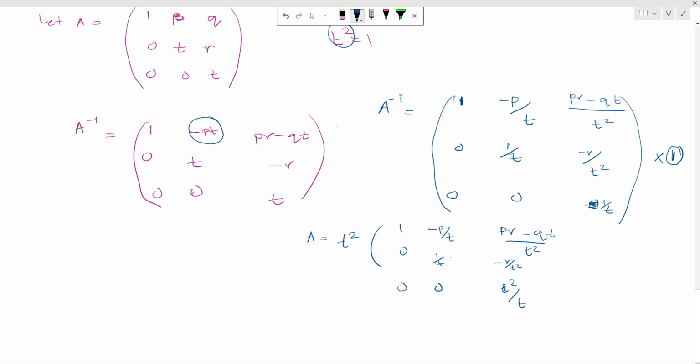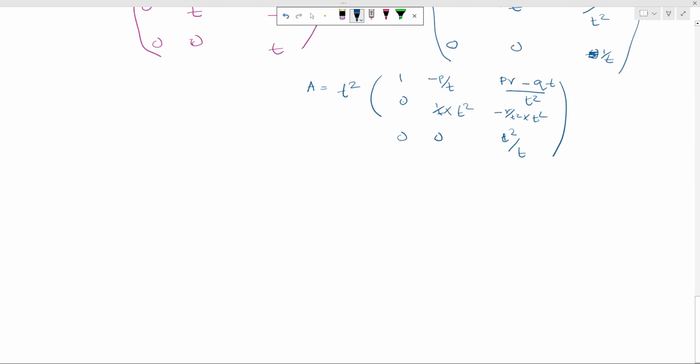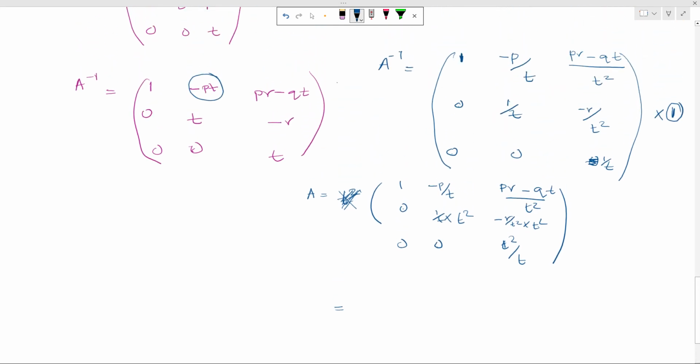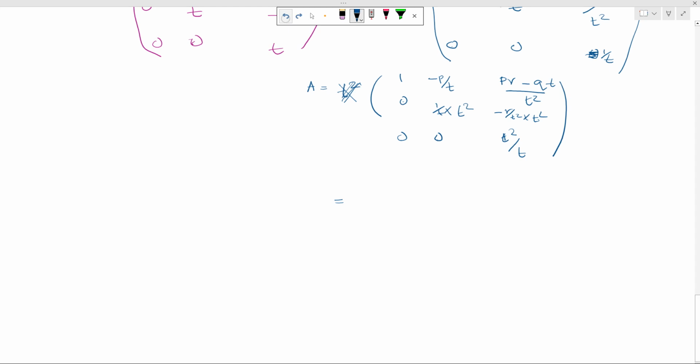I just want to multiply the entries by T squared, so now if I simplify this I will get the answer. I have just multiplied, so I don't need to write this down again. Let me just undo all these.